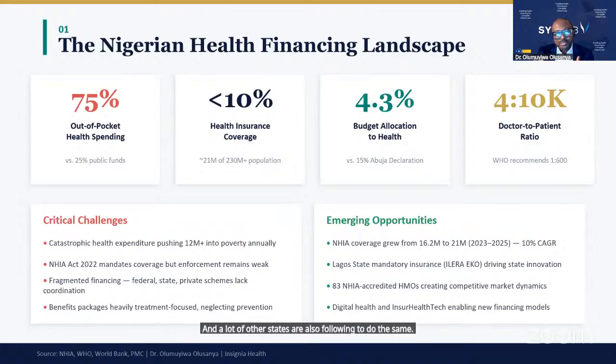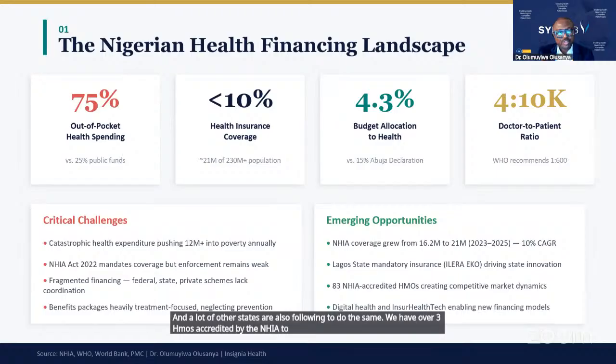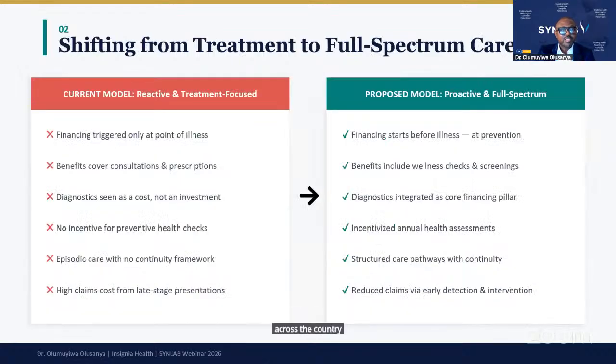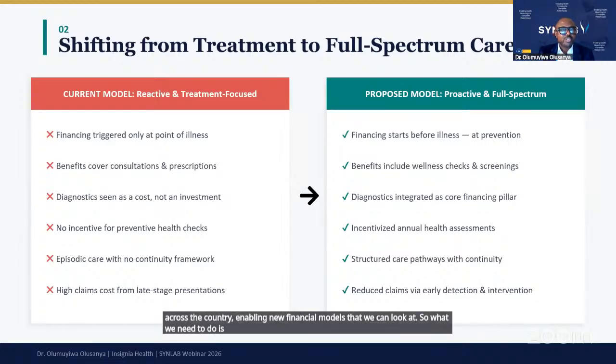We have over 83 HMOs accredited by the NHIA to drive health insurance as health insurers. And we have a lot of improvement on digital health across the country, enabling new financial models that we can look at. So what we need to do is to shift from treatment to full spectrum care.